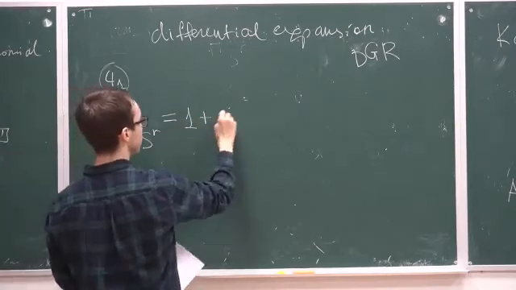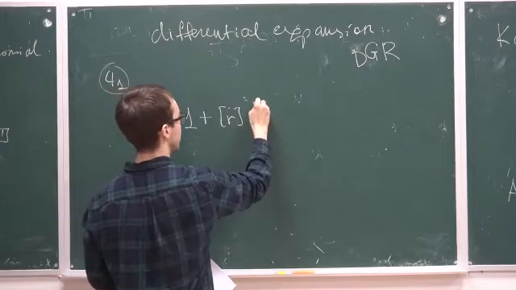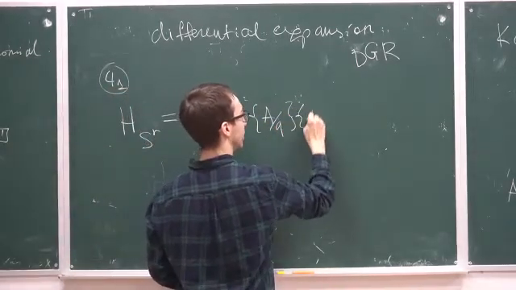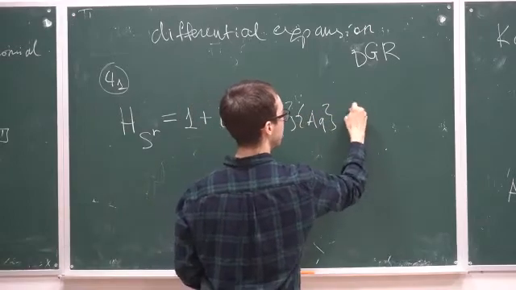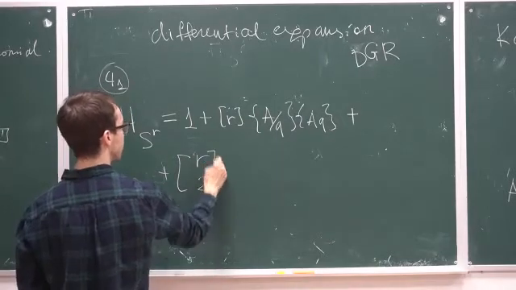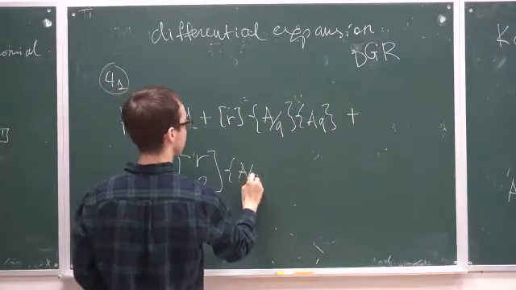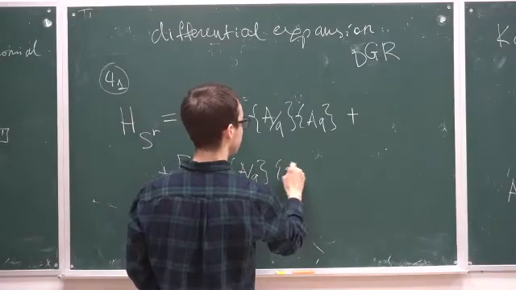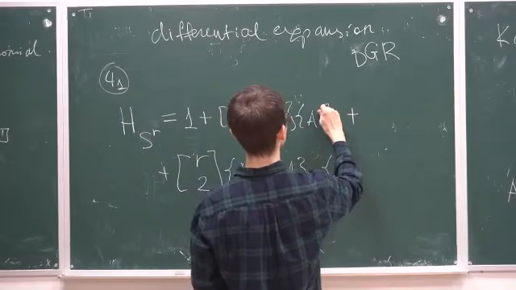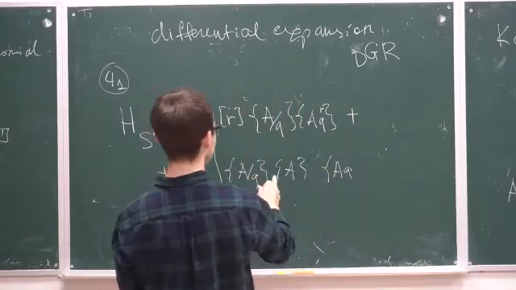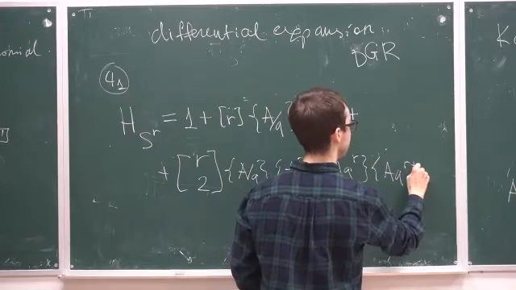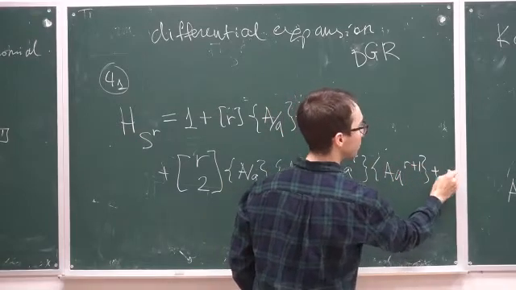It's 1 plus r times a over q, plus a q-binomial coefficient r, 2, a over q, a q, oh sorry, it's going to be aq^r, aq^r plus 1, and so on.